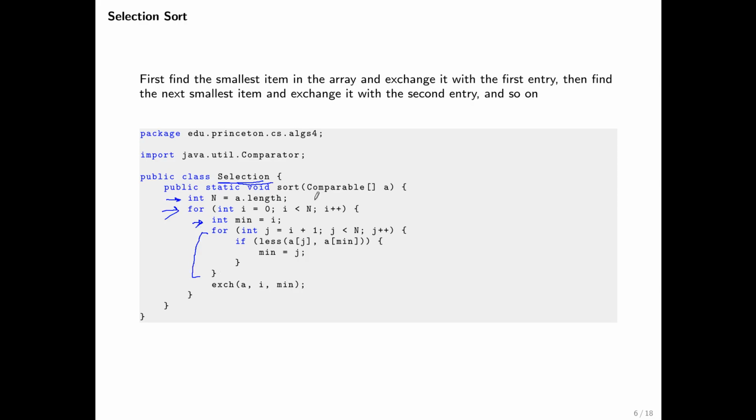So when I is 0, the smallest element in the array is placed at index 0. When I is 1, the next smallest item is placed at index 1, and so on and so on. And notice the calls to the private helpers that we talked about before. So less is a helper that we call here, and then exchange is a helper that we call here, right? So that's selection sort.